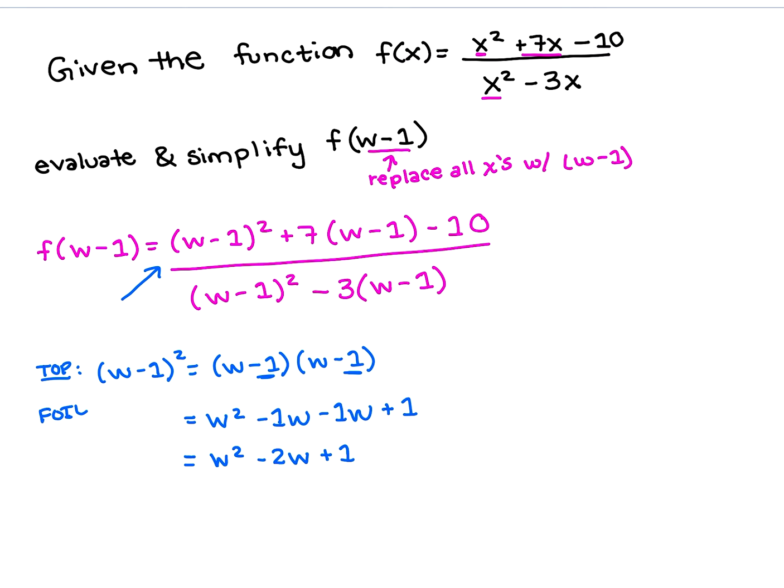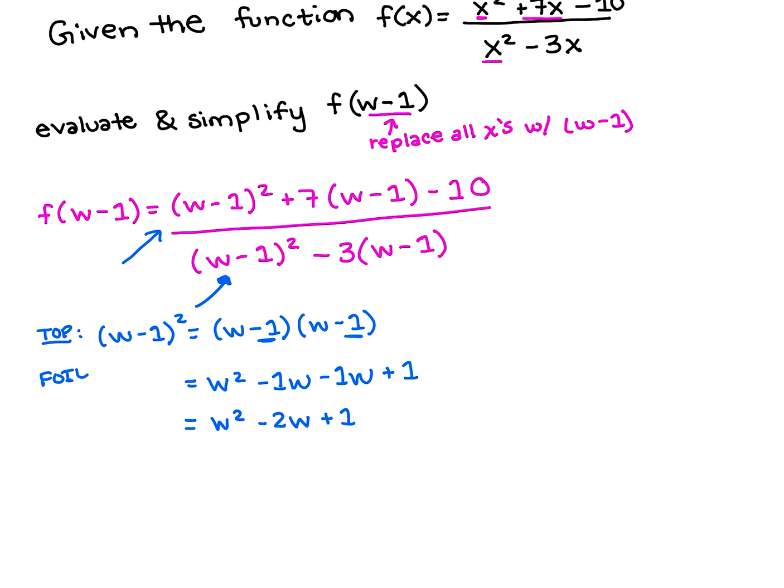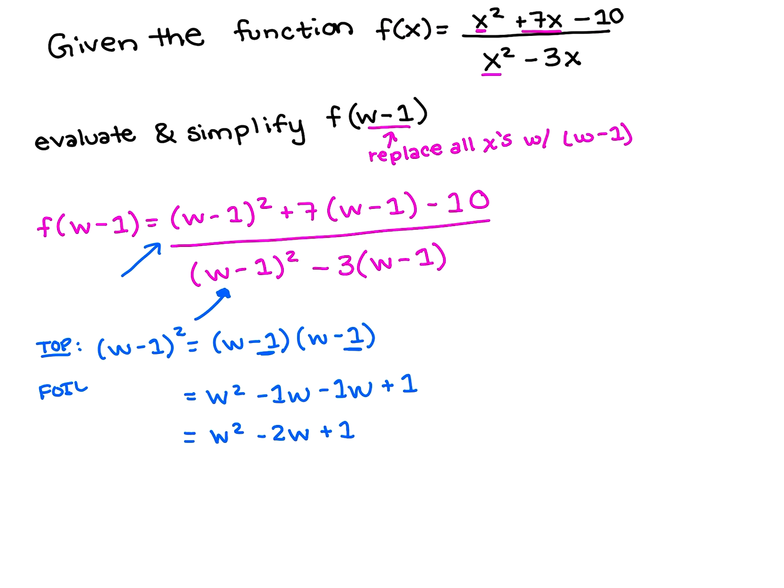Okay, so we figured out that first term in the top, and we can actually use that for the bottom too. It comes up twice. W minus 1 squared is just going to FOIL out to be w squared minus 2w plus 1. So we want to remember that when we think about the bottom. But before that, we have to finish the top here. We have plus 7 times w minus 1.